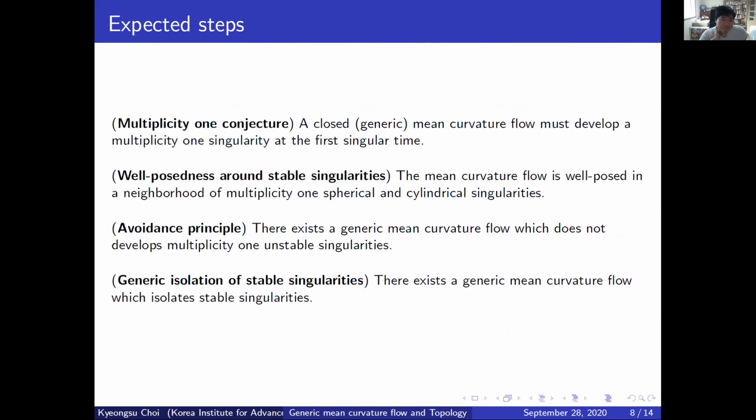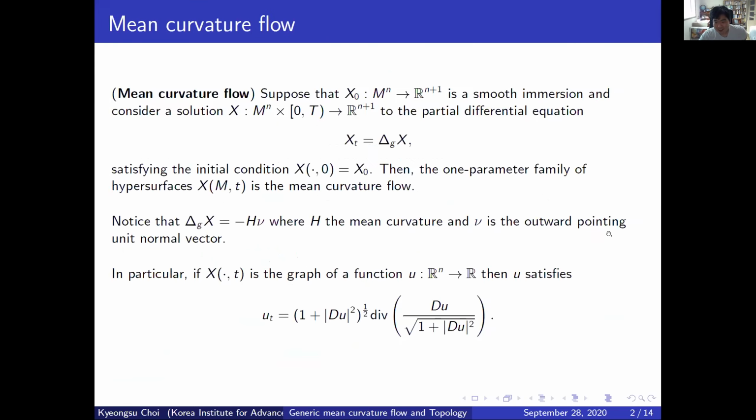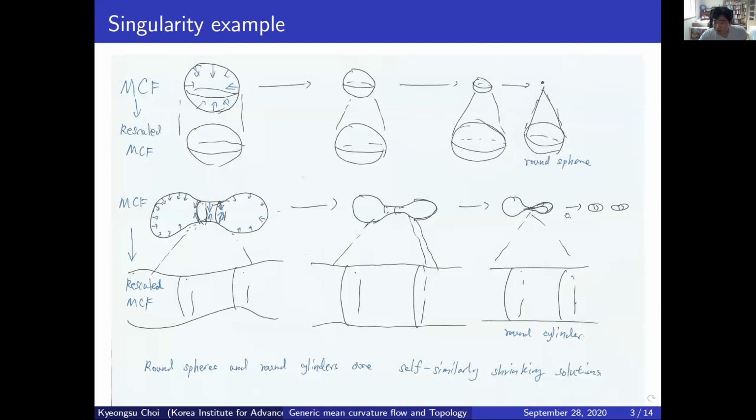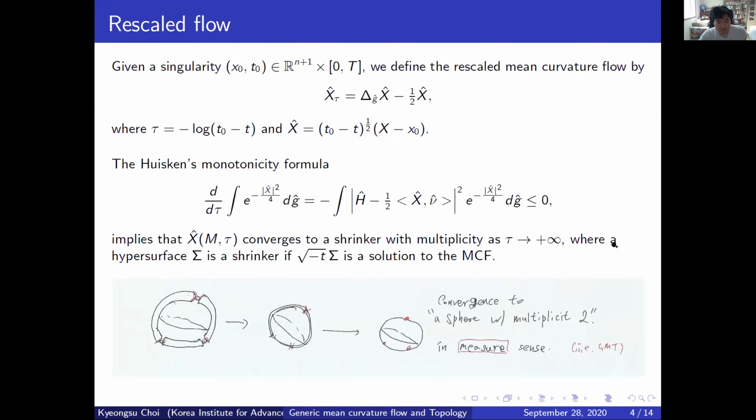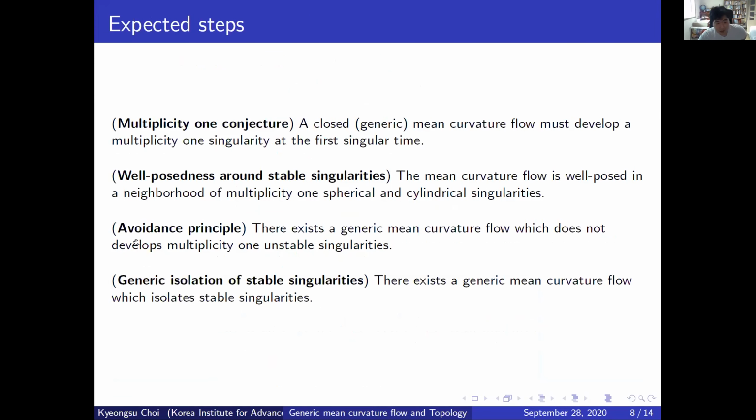To clean up the conjecture, we need several steps. The multiplicity 1 conjecture is something I explained. Now we have to show the well-posedness around the linearly stable singularities. Again, like in this picture, through this cylindrical singularity, we need to assure that this flow stays well-posed. And then we need to show that by choosing the generic mean curvature flow, we can avoid linearly unstable singularities.